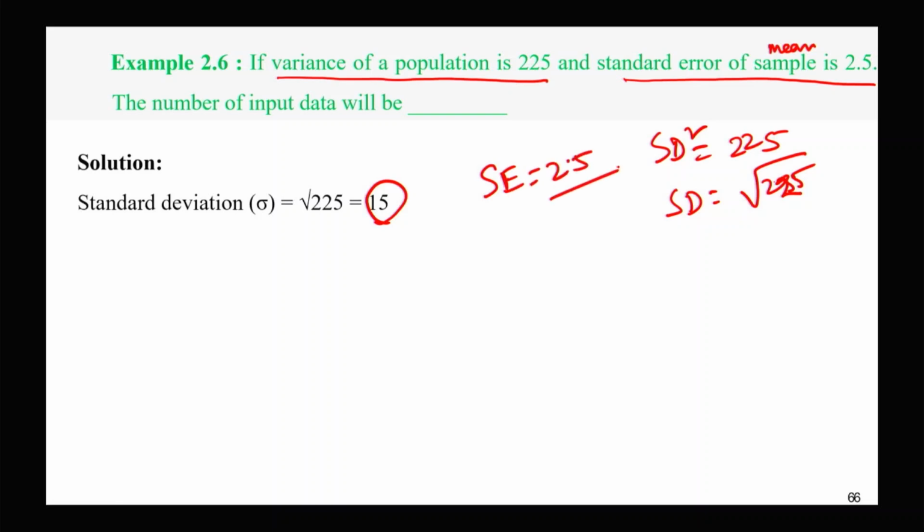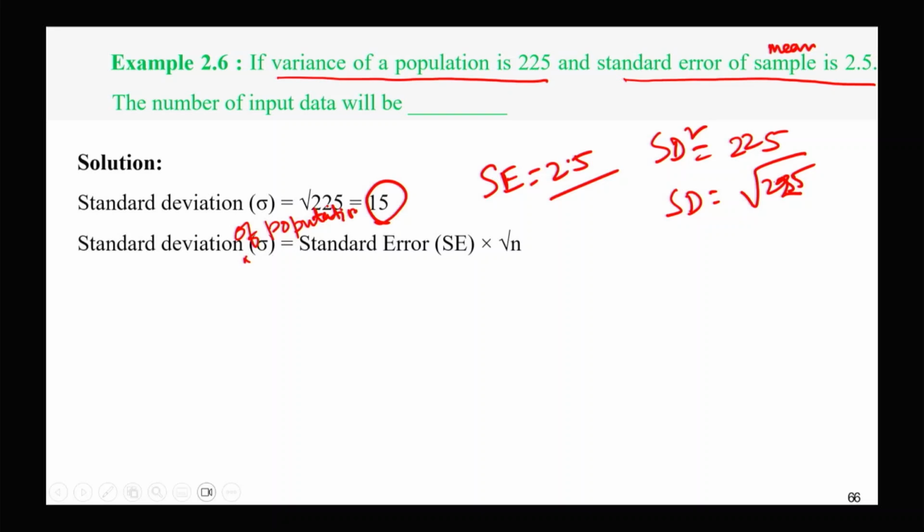So, we can calculate the n value from the relationship. So, standard deviation of population, so it will be 2.5, this is 2.5 multiplied by 15.